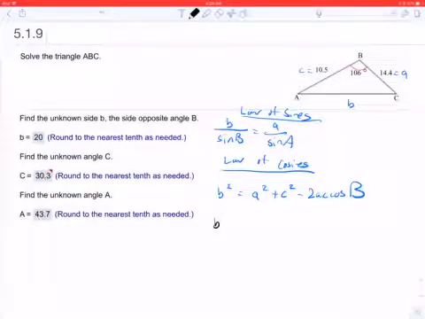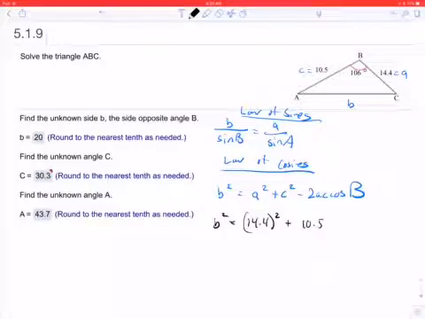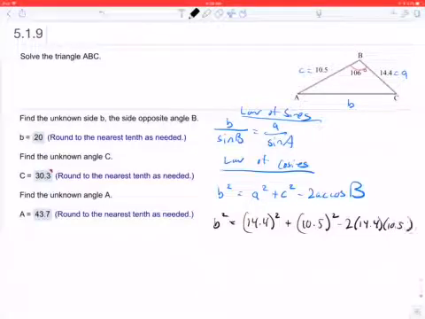So B squared equals 14.4 quantity squared plus 10.5 quantity squared minus 2 times 14.4 times 10.5 times the cosine of 106 degrees.